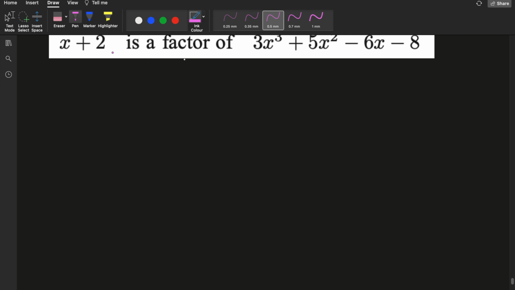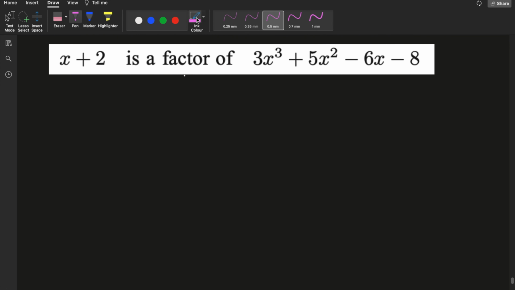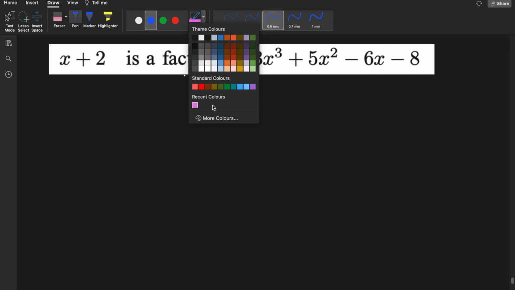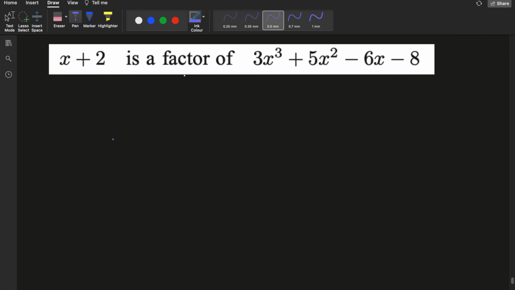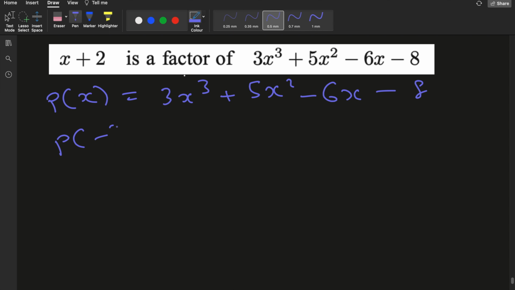Now let's move on to this question. So we'll see if this is a factor. So let p of x equal 3x cubed plus 5x squared minus 6x minus 8. So p of minus 2 equals 3 into negative 8 plus 5 into 4 plus 12 minus 8.